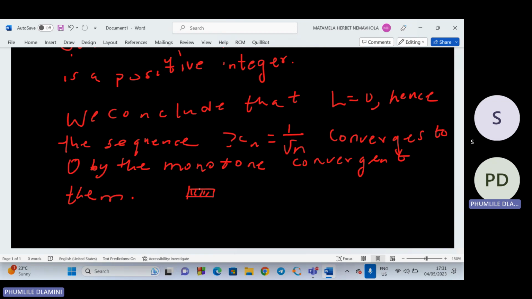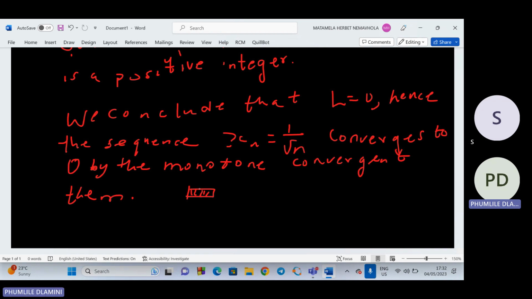So if you check there, I just checked a little bit with the question that you sent me. Those questions there in 4.4, the answer from a friend of yours said that according to the monotone convergence theorem, if a sequence is decreasing and bounded below by an infimum, it will converge to the infimum. That's true. Now xn is a sequence of positive terms for all n in the natural numbers.